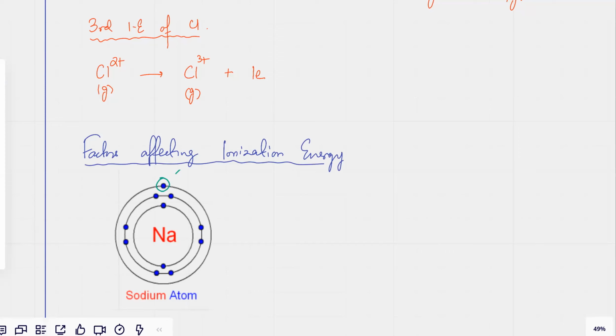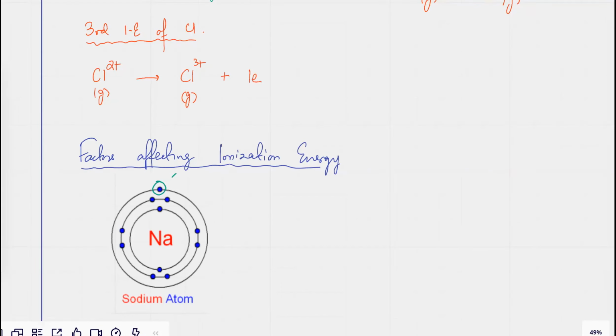So can anyone tell me one factor? This electron is sticking to the nucleus, right? So what factors would make it very difficult to remove electrons? Does anyone have any idea? Could it be if protons were more than electrons?